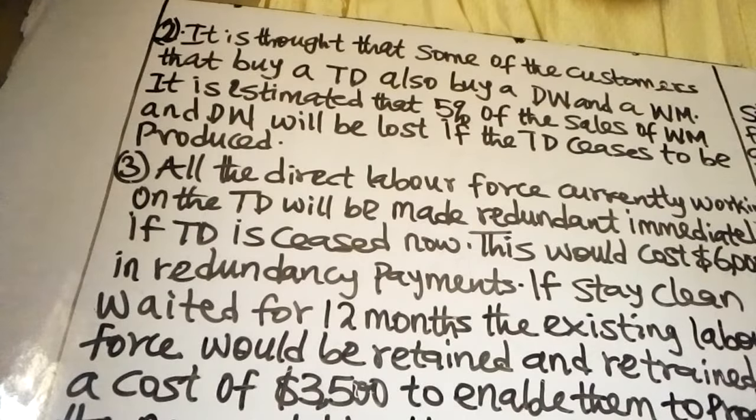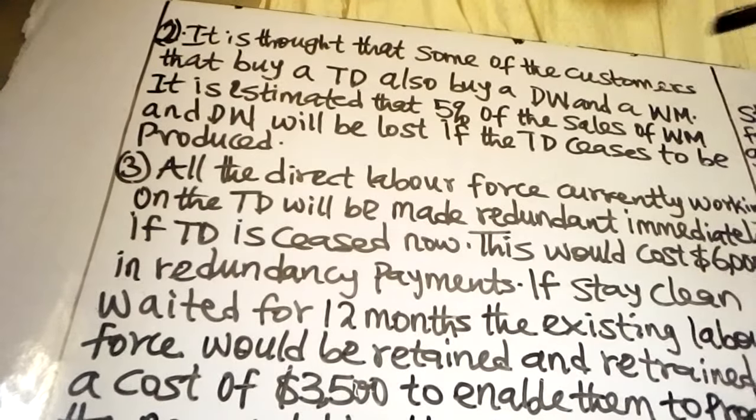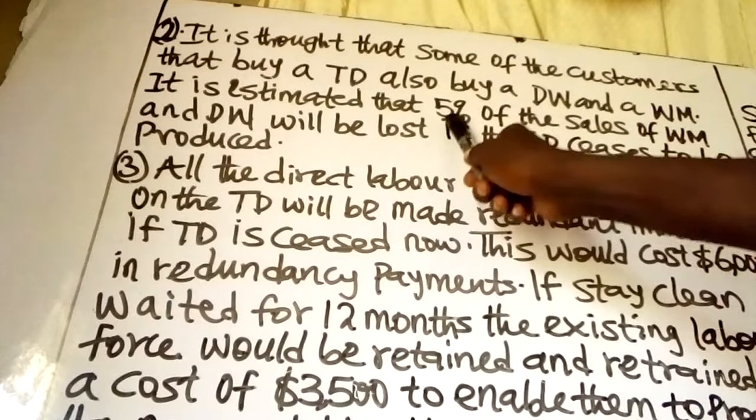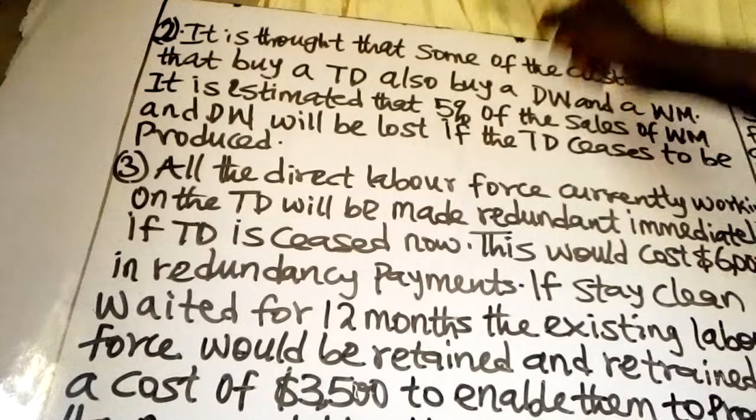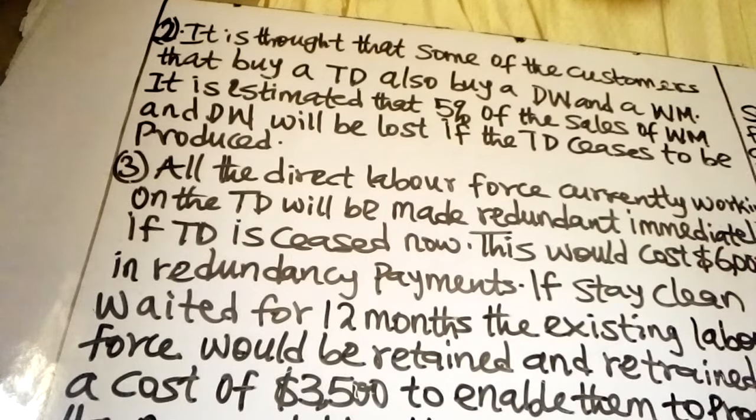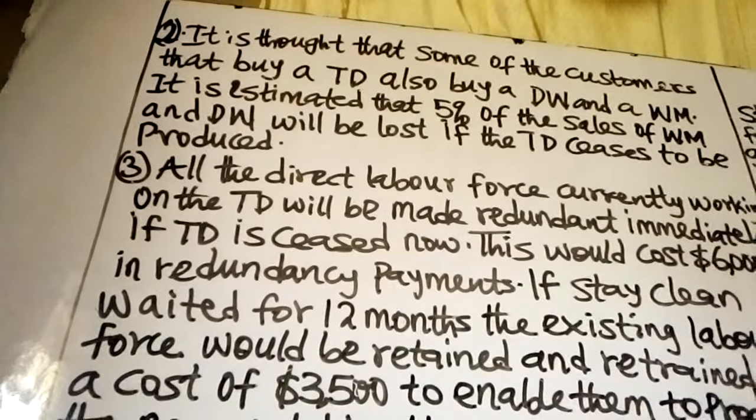That is the opportunity cost of ceasing TD now, the lost contribution. If 5% of the sales is lost, the contribution relating to that sales would also be lost. So, lost contribution from other products. Now let's calculate the lost contribution from other products.